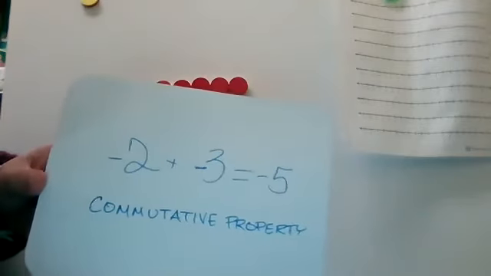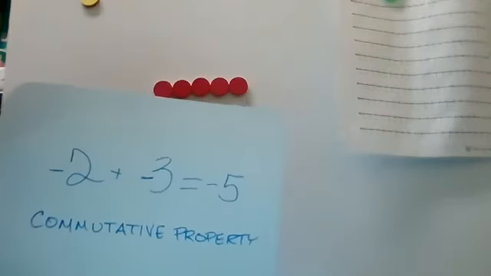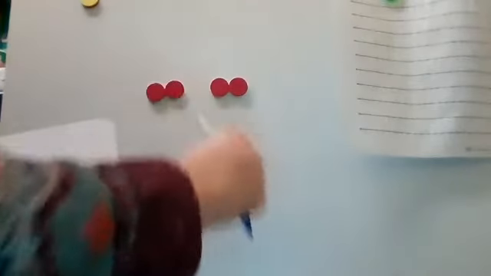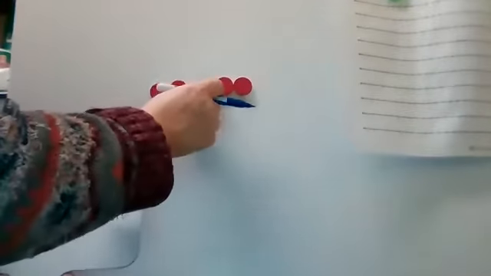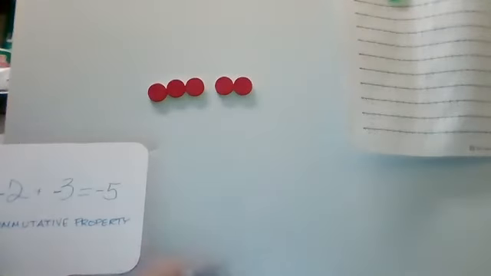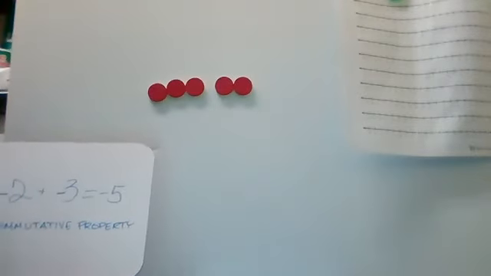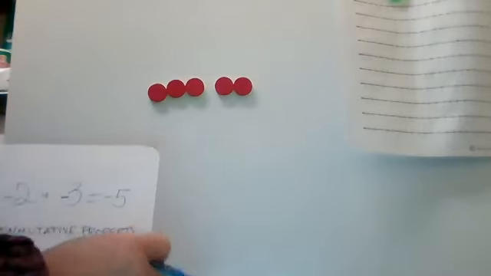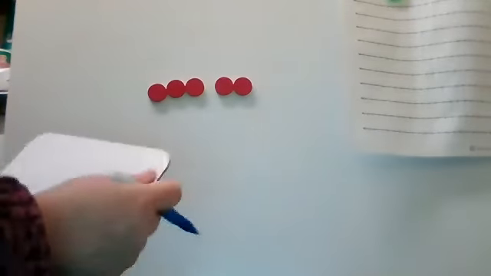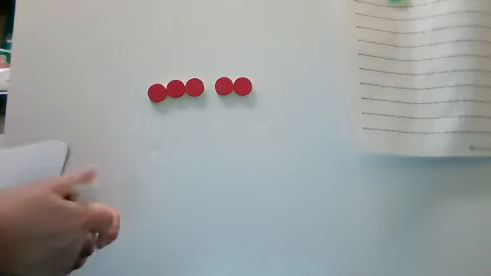I get so confused going backwards. So commutative property tells me that -2 plus -3 is exactly the same thing as -3 plus -2. It doesn't matter what order you put them in. But again, for our purposes, we're going to continue to think of the plus sign as a more move, like you're going to continue on your journey.